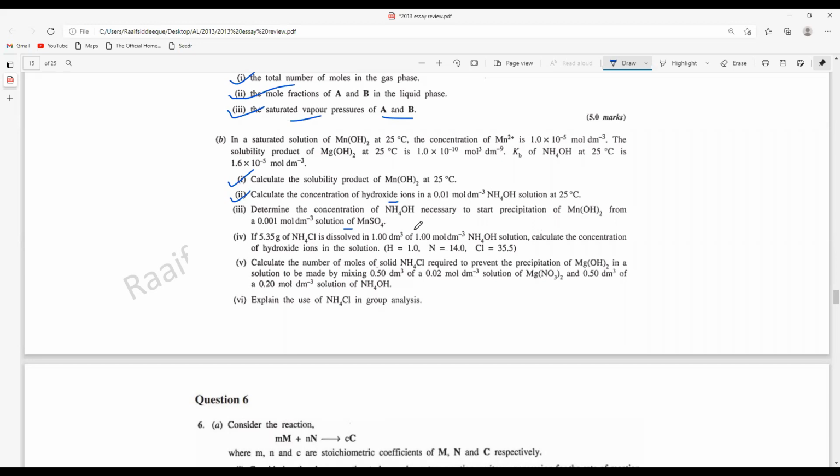And you need to put in some amount of NH4OH so that Mn(OH)2 solute is precipitated in the solution. This is the idea. And they are asking to determine the concentration for this.